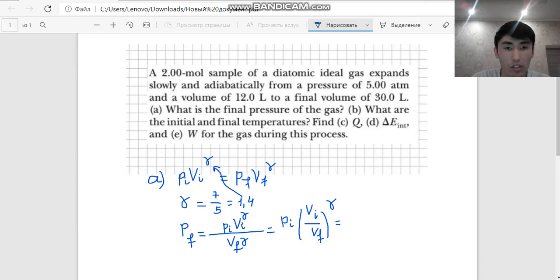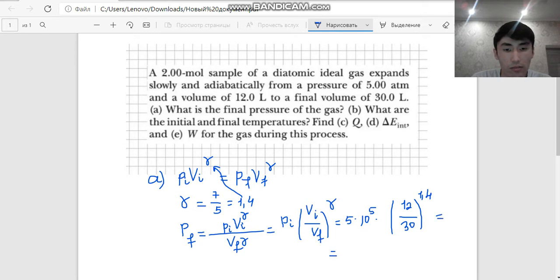So let's put the values. Initial pressure equal to 5 atmospheres, 5 times 10 to the power of 5, times V initial 12 divided by 30. We didn't write the 10 to the power of minus 3 because here it will also cancel. So here will be 1.4.